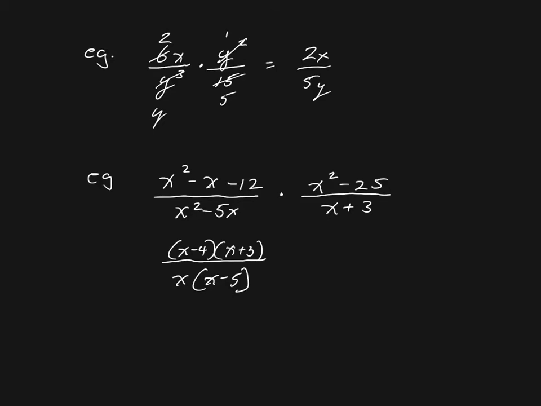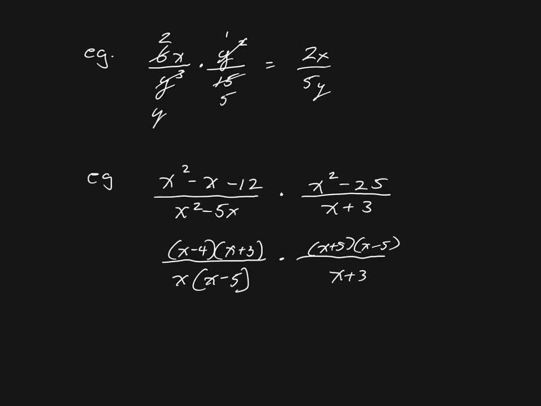It looks like a difference of two squares, but this one's not a perfect square. So we're just taking out the greatest common factor. But the one up there, you're right. Almost done. Go ahead, Gabby. It's going to be x plus 5 times x minus 5, and then we have x plus 3 on the bottom.